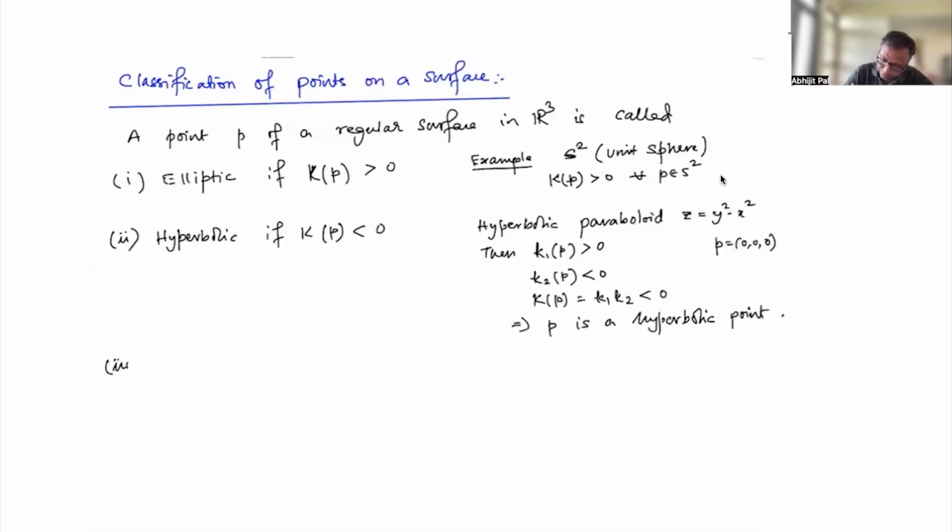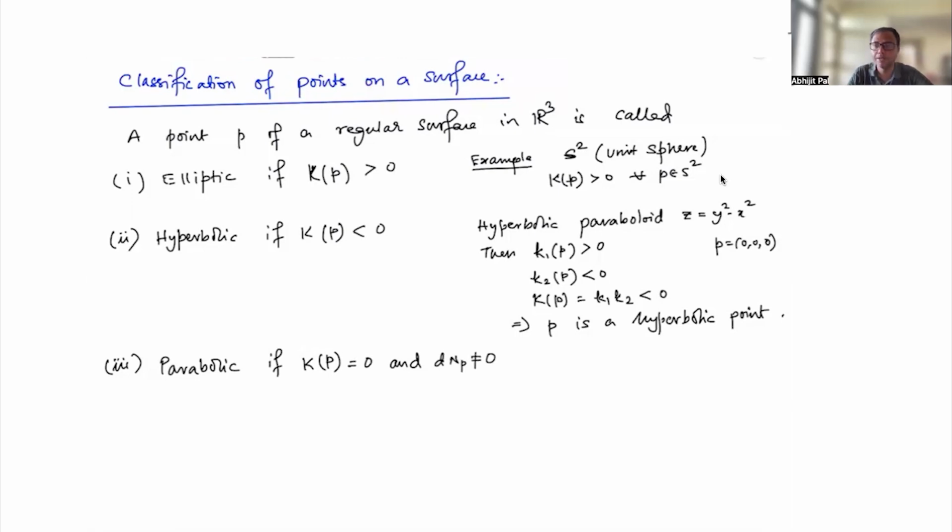Third is parabolic. So this point P is parabolic if the Gaussian curvature at the point P is equal to 0 and the linear operator dN_P is not a zero map.